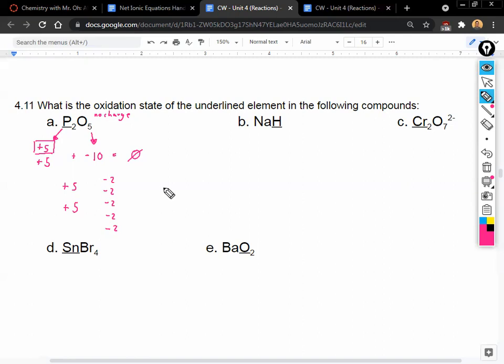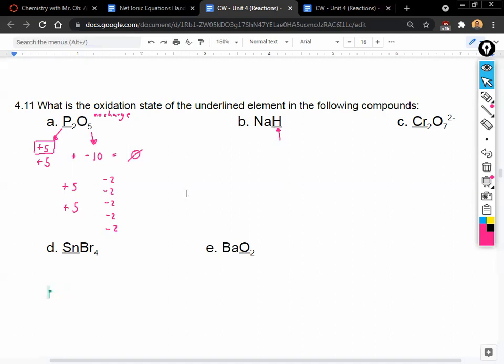Okay, one last one, and then we'll be done. Okay, so part B, NaH. Okay, we're looking for H. Okay, we actually need to use one of the rules to find this one. So if you guys take a look at the oxidation rules, which rule do you guys think we should use?